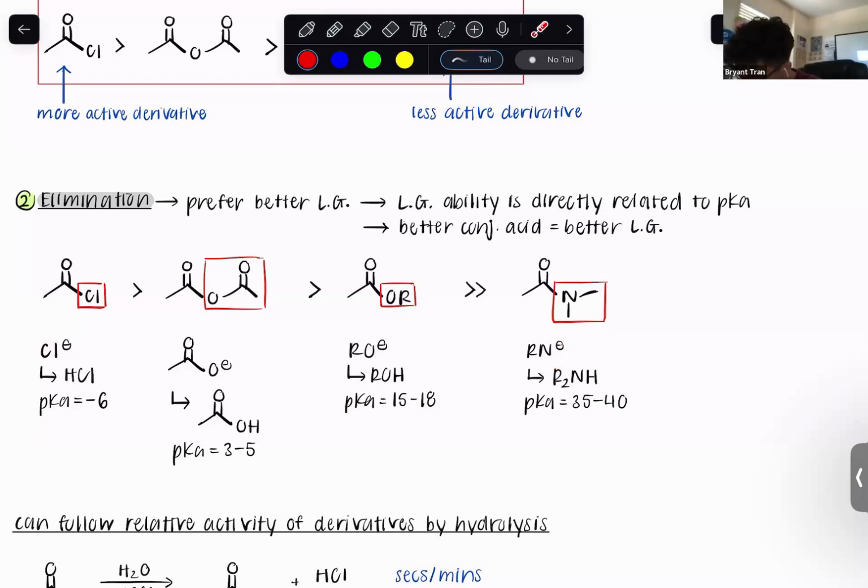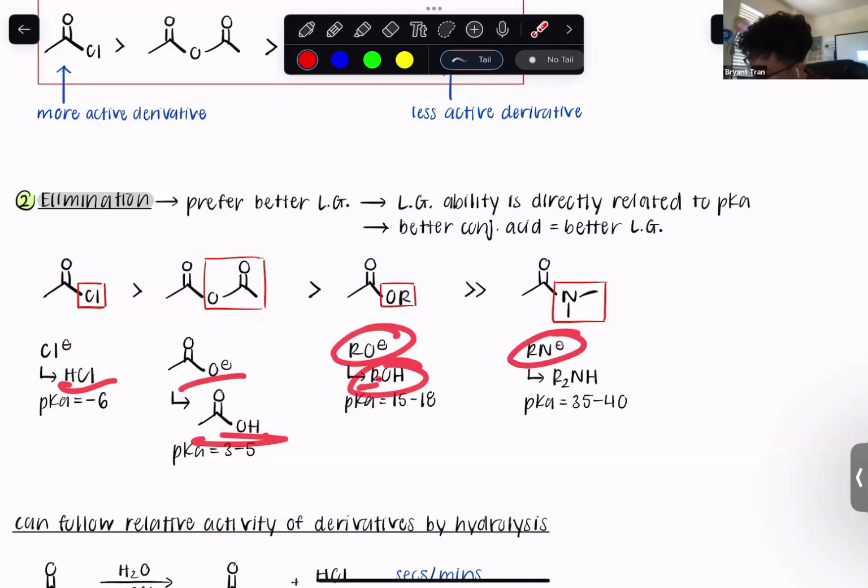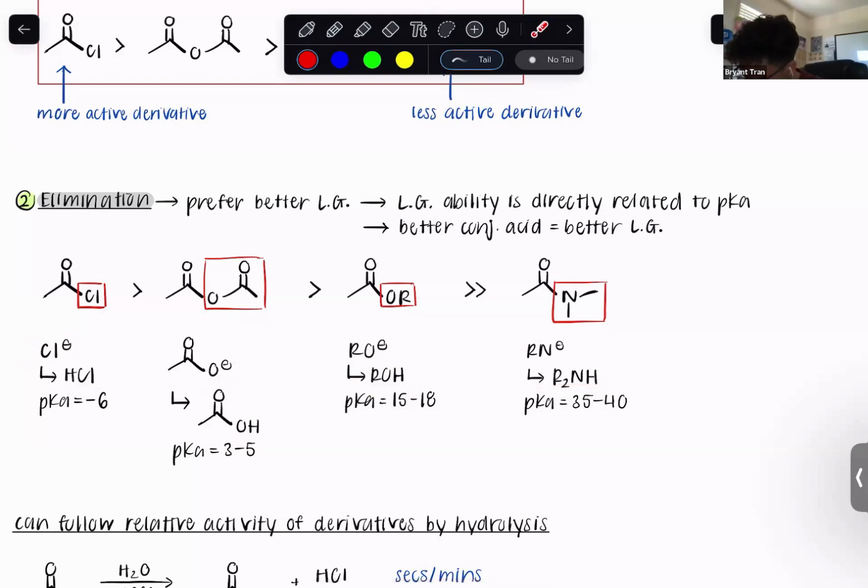So these leaving groups here, you could think of them as the conjugate bases of the acids here. So the acid of this conjugate base is HCl, the acid of the carboxylate is carboxylic acid, the acid of this alkoxide ion is this alcohol, the acid of this nitrogen with the negative charge is this amine right here. And if you look at the pKa of the acids, the lower the pKa, the more acidic it is, right?